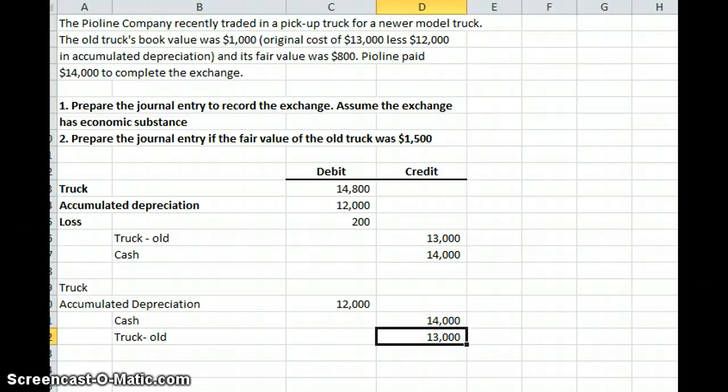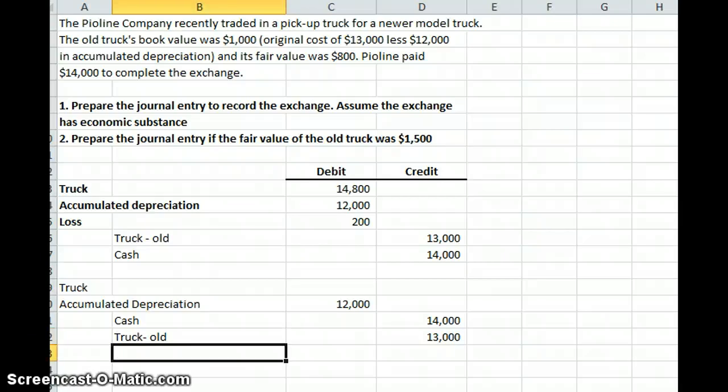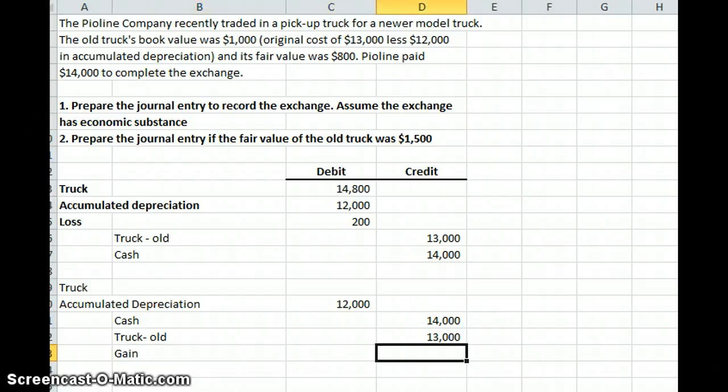Now we need to calculate the value of our truck and our gain or loss. Since our fair market value of the truck is $1,500, we're going to have a gain, and we're going to calculate that gain by taking our $1,500 fair market value, oops, not 15,000, minus our $1,000 book value.